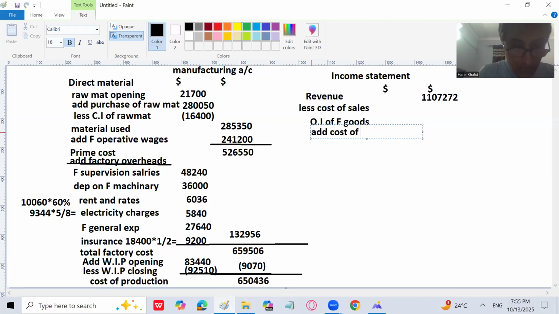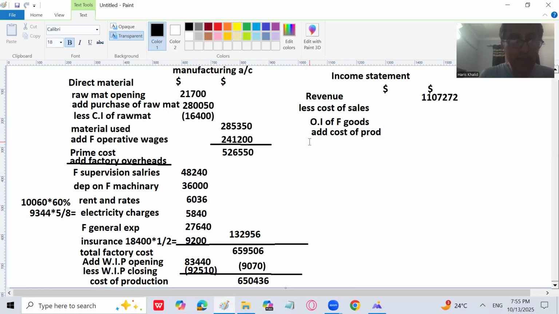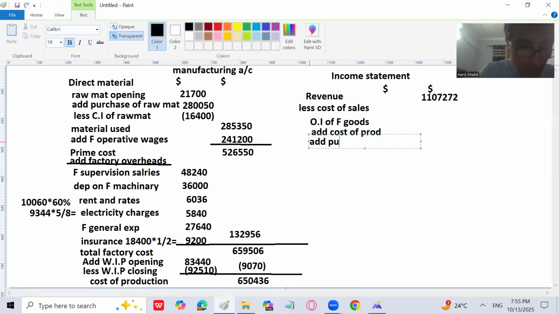Add cost of production, whatever you have calculated from the manufacturing account, you will write here. Then you will write add purchase of finished goods. And then you have to subtract the closing inventory of finished goods. You need to subtract from this.